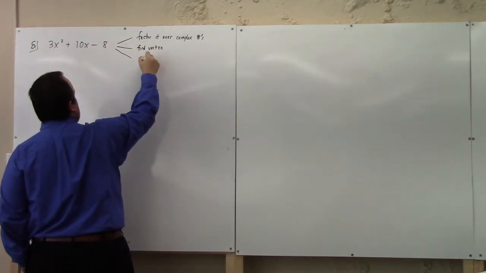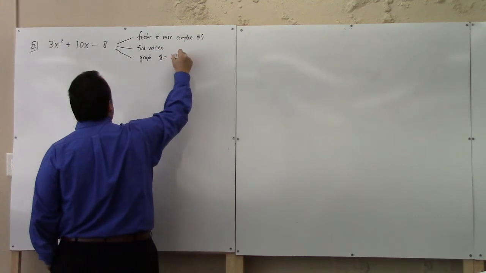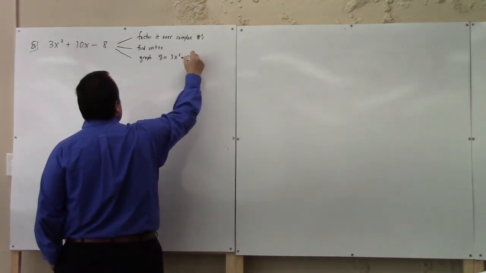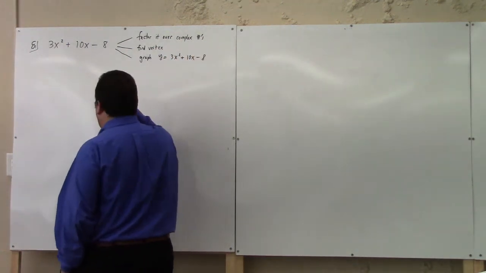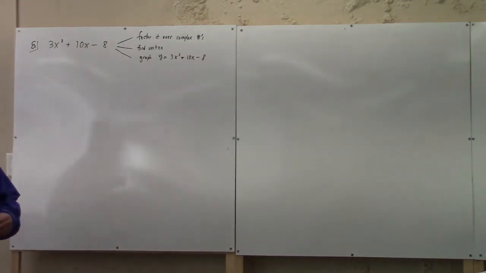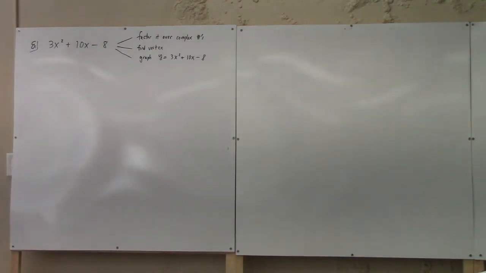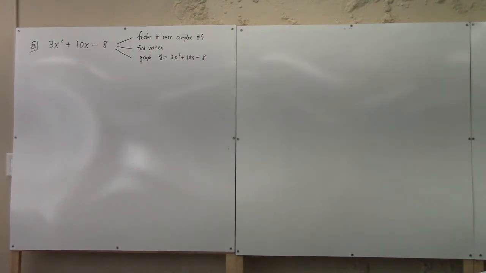Graph y equals 3x squared plus 10x minus 8. Just a moment. You try that out. This one could be ugly. I just made these numbers up. I didn't try to make it pretty. My mouth is super dry. I'm going to have to get some water in a second.